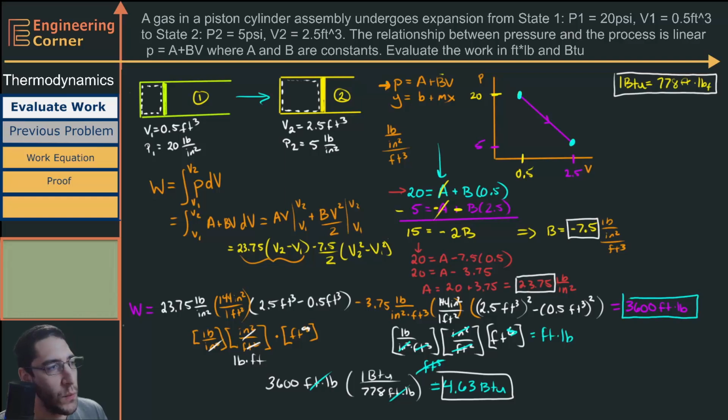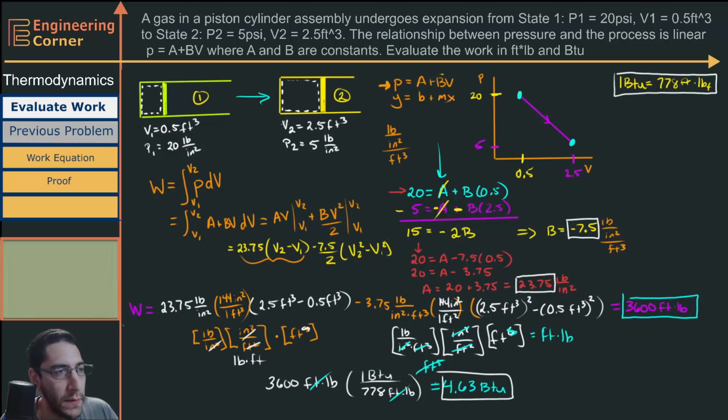In my previous video, we looked at this problem where a gas in a piston cylinder assembly undergoes expansion from state 1 to state 2. It has an initial pressure and volume of 20 psi and 0.5 cubic feet, and it goes to a second pressure of 5 psi and 2.5 cubic feet of volume.